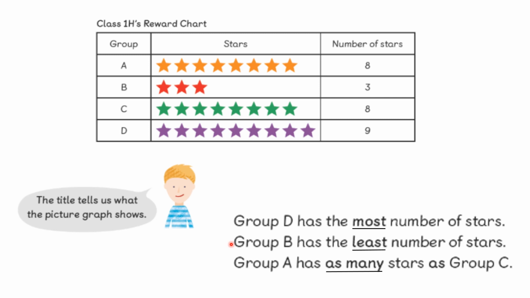Throughout this unit, we'll be using least number and fewest to mean the same thing. Again, before even looking at the numbers or doing any counting, it's clear to see that Group B has the fewest stars because there's so much empty space in this bar compared to the others. We can also see that Group A has as many stars as Group C.